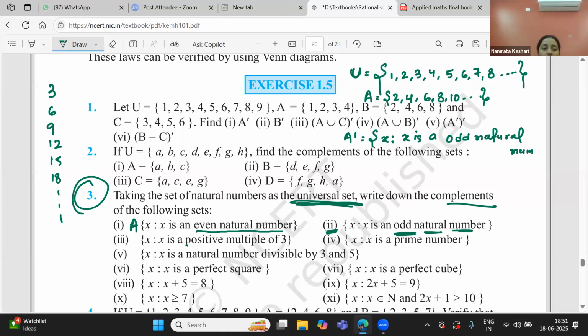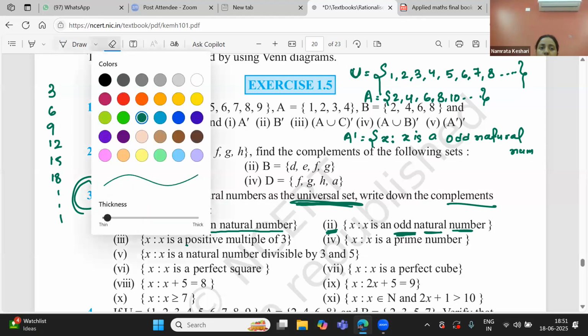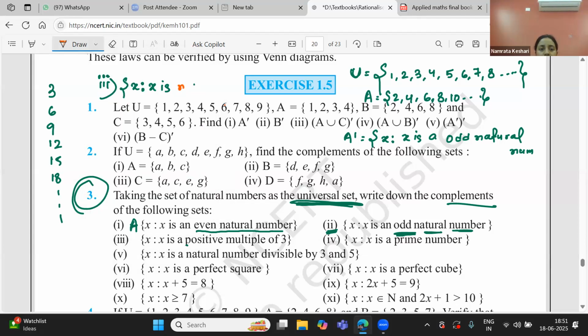So we will say that the complement of the given set will be the set of all x such that x is a positive number which is not a multiple of 3. Okay, x should not be a multiple of 3. Got it?